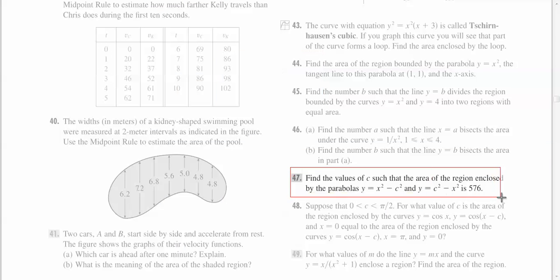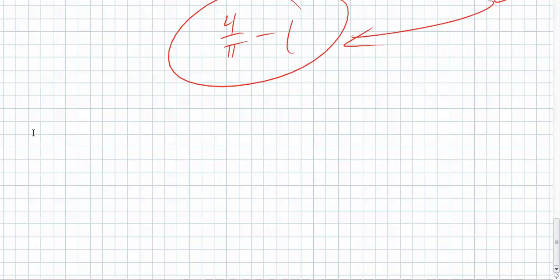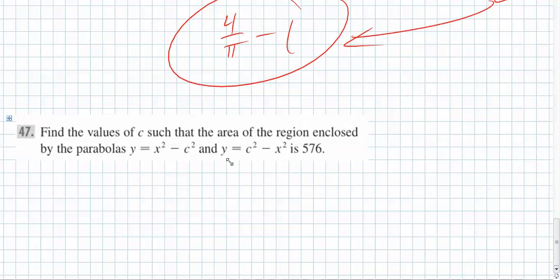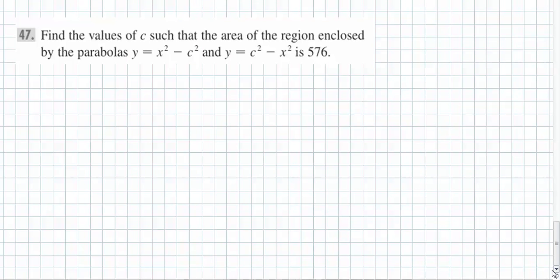My D block class didn't ask about this one. You know what we did yesterday in D block? I hadn't done it as a teacher before. You know what we proved in class? The area of a circle is pi r squared. We proved it. It's really cool. We used integral calculus.